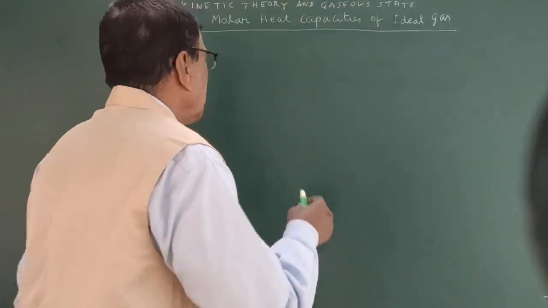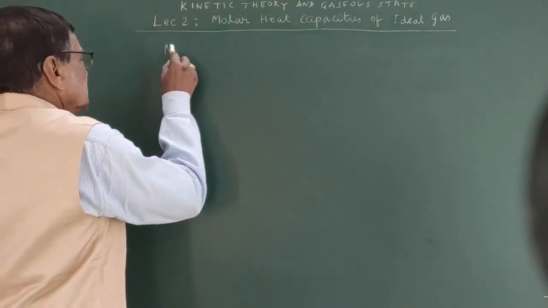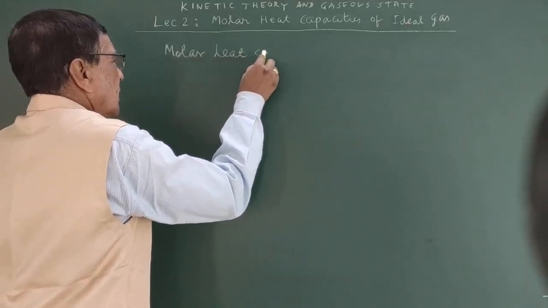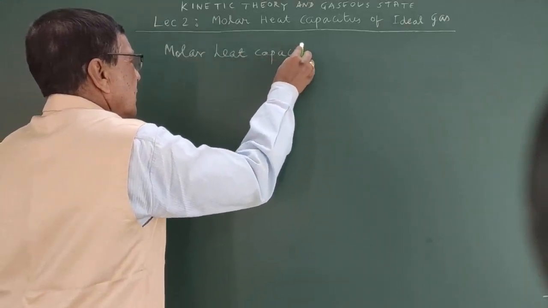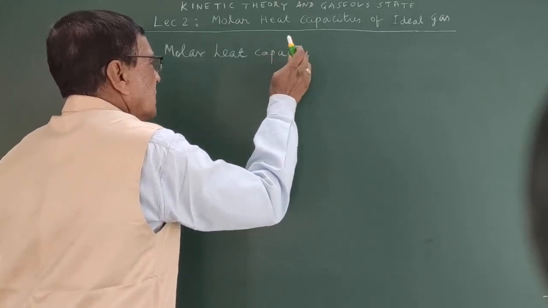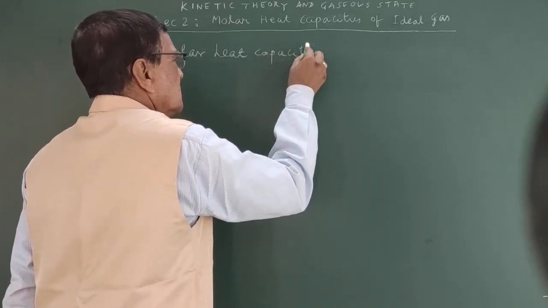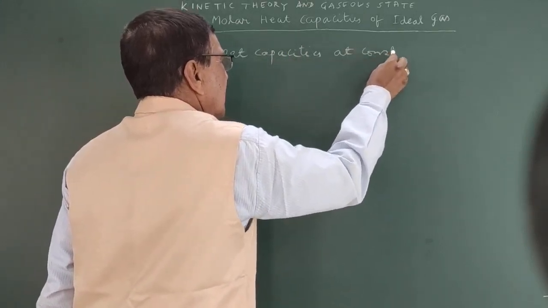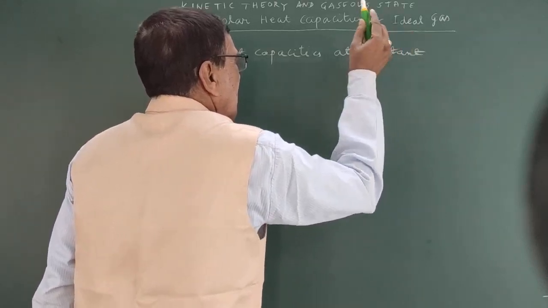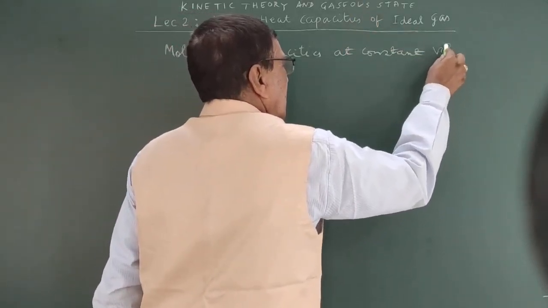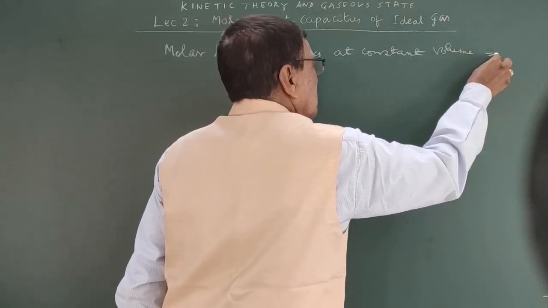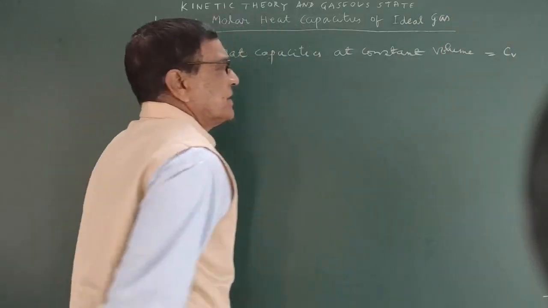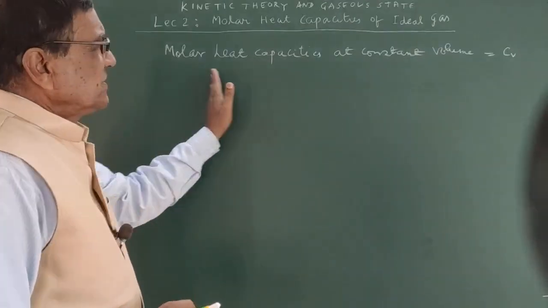So the molar heat capacity at constant volume is defined as Cv. How is it defined?